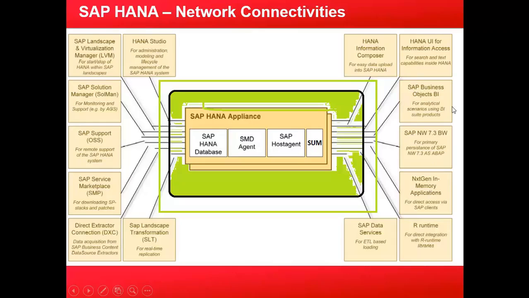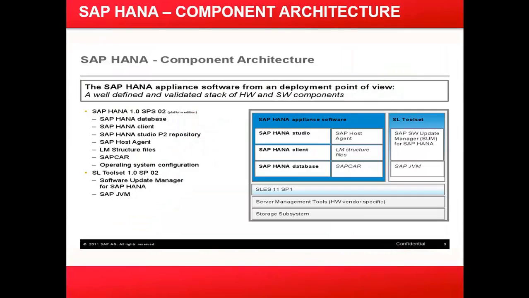And we have SAP Business Objects BI for analytic scenarios using the BI suite of products. We have the HANA user interface for information access, for search and host capabilities inside HANA. Then we have SAP HANA Composer, which is mainly for easy data upload into SAP HANA. So these are the different network connectivity options to which HANA can be connected. Depending on scenarios, we will have different components out of this.